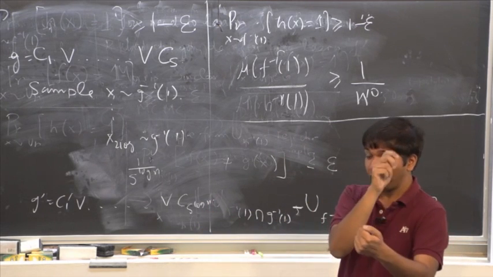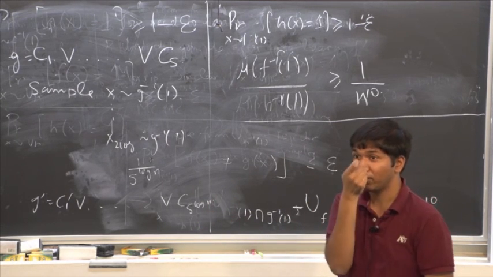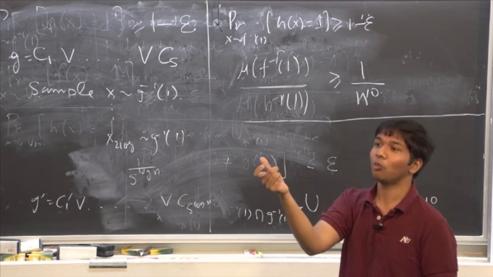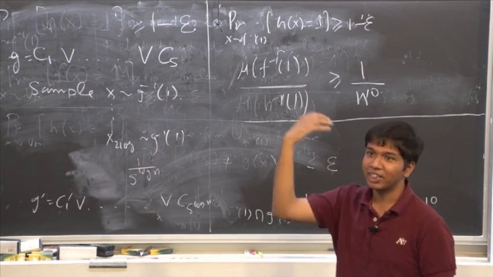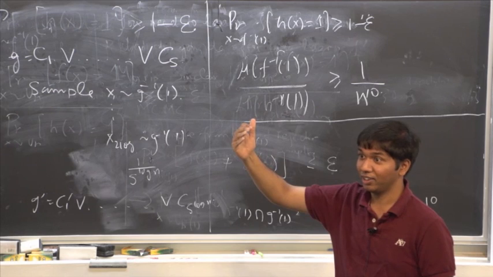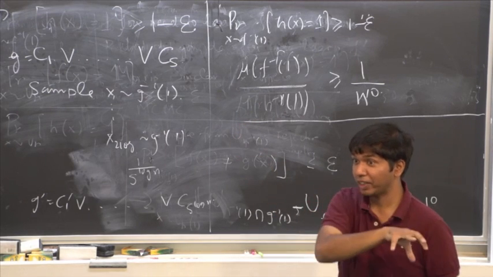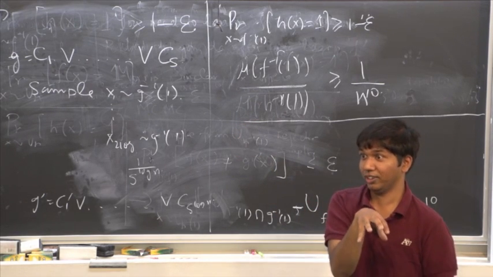So, given a specific 3CNF instance phi, there is no polynomial size circuit which can generate satisfying assignments of phi. The circuit can be tailored to phi.